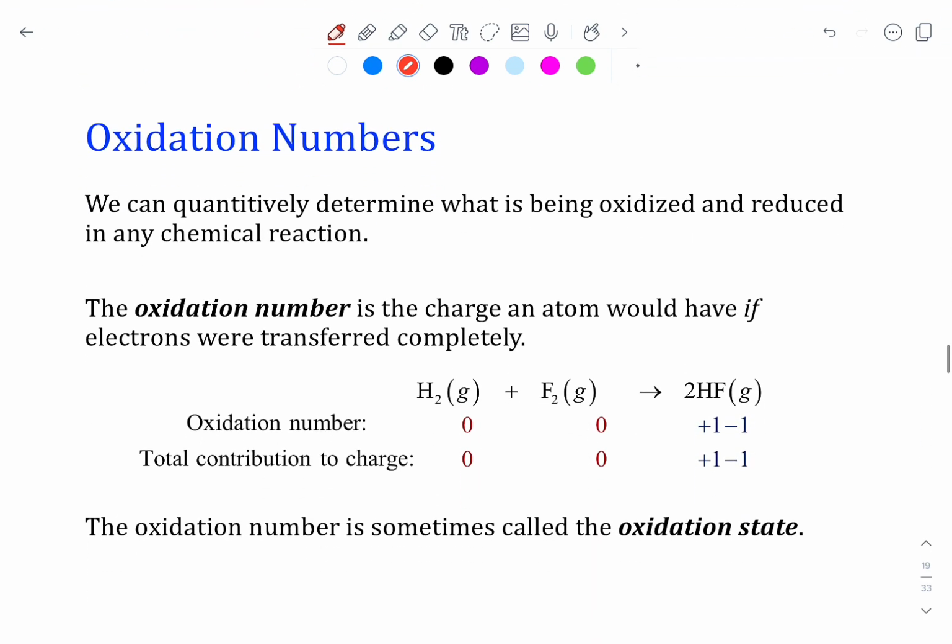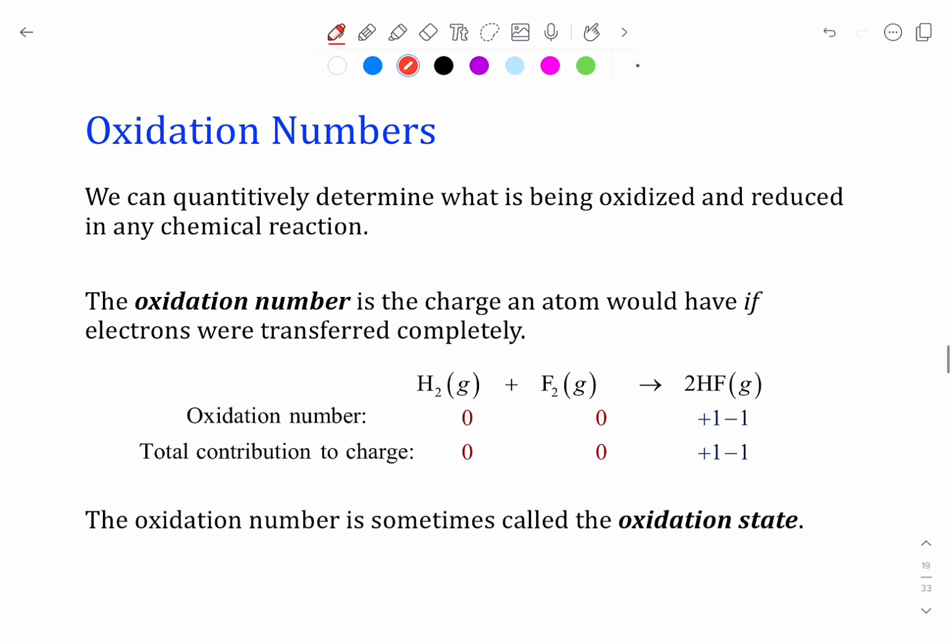Okay, so we can quantitatively, so using numbers, determine what is being oxidized and reduced in any chemical reaction. We can physically see through the numbers how the charge is changing to determine how the electrons are moving around. And this is referred to as the oxidation number.